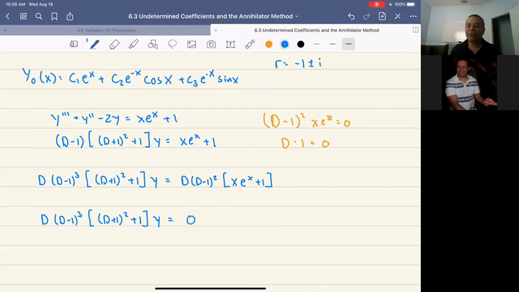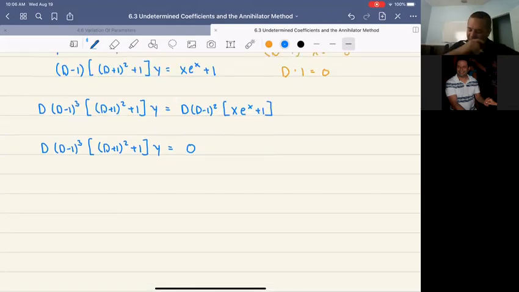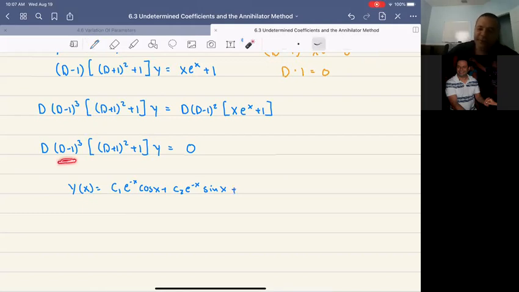Now we can write out the form of our solution. Our y of x is going to be, for the D plus 1 squared plus 1, c1 e to the negative x cosine x plus c2 e to the negative x sine x. Now we have plus, D minus 1 cubed.